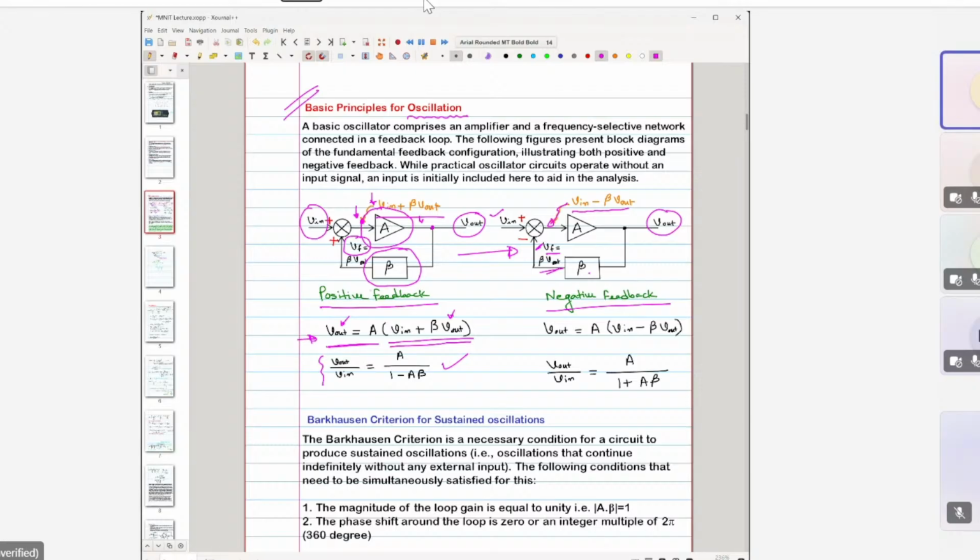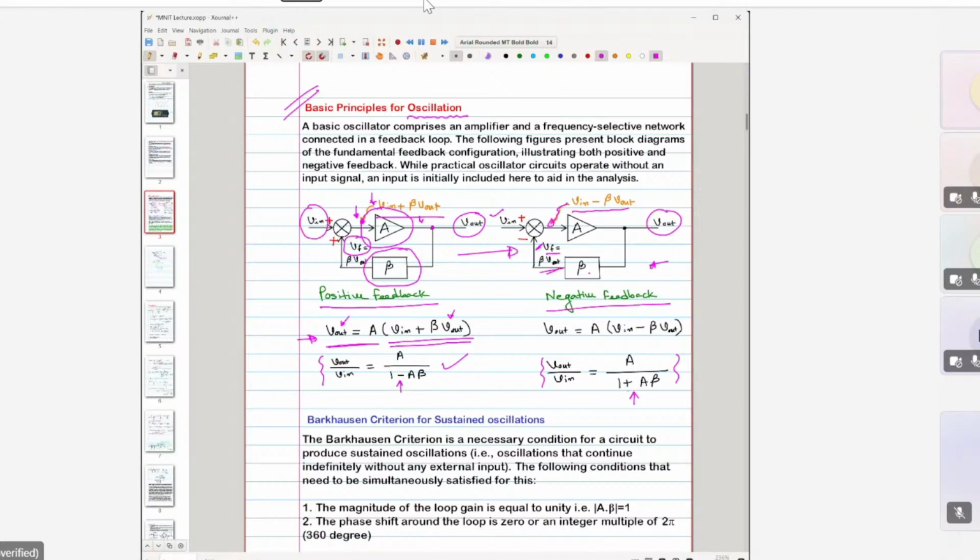This is for the positive feedback system. For the negative feedback system, V out by V in turns out to be A by 1 plus A beta. So the only difference is the sign: here it is minus and here it is plus.